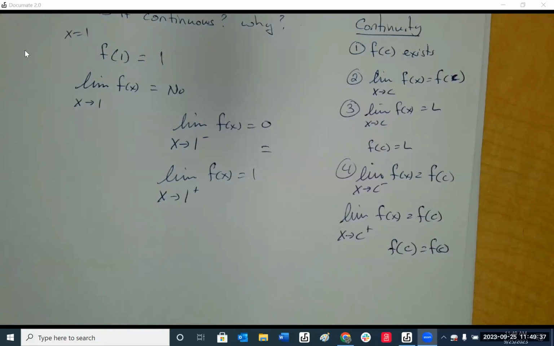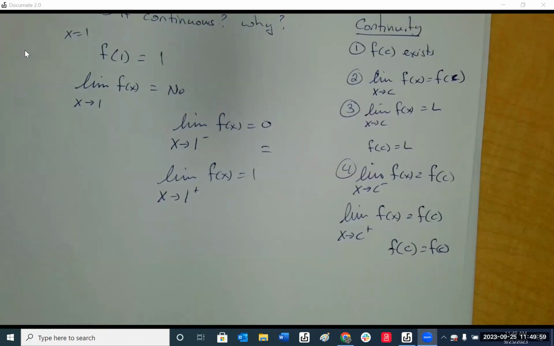You have to include the one-sided limits. I know I'm jumping ahead, but in order to be continuous, as we said from last section, if you have a limit at a point, it has to exist from both directions. So let's go ahead and jump it in there.